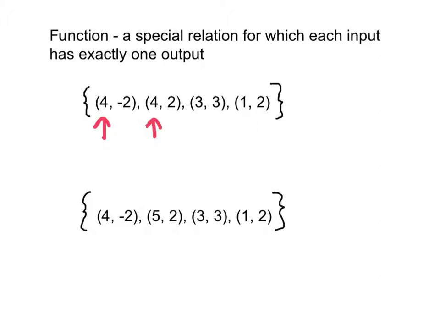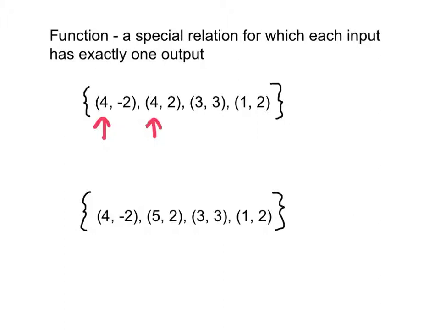In the next example, the four ordered pairs, 4, -2, 5, 2, 3, 3, and 1, 2, is definitely a function because each of those domain elements gets mapped onto one and only one y value or range element.